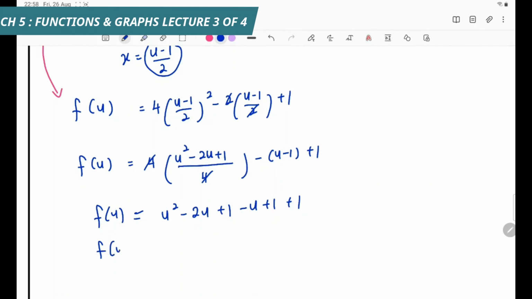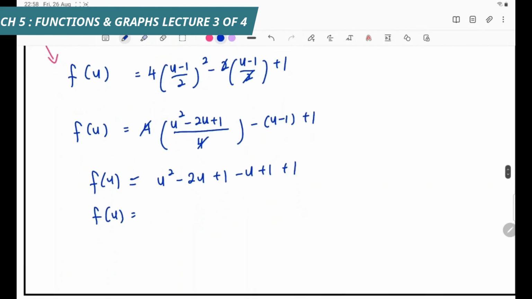So f(u) is equal to u squared minus 3u plus 3. Lastly, change u to x. So we have f(x) equal to x squared minus 3x plus 3.